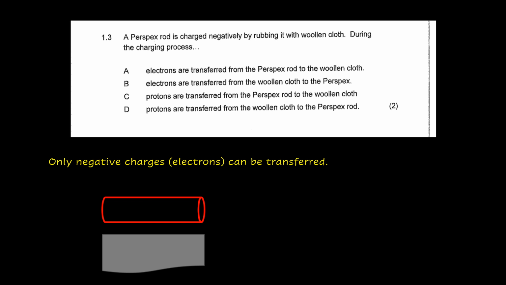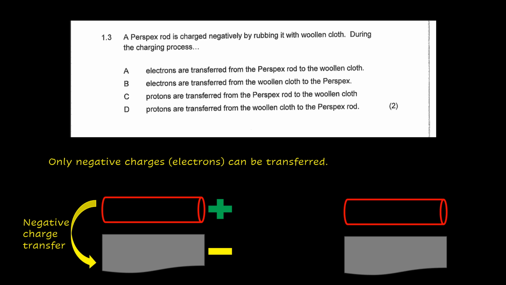If electrons are transferred from the perspex rod to the woolen cloth, the perspex rod will have a shortage of electrons, meaning it will become positively charged, and the woolen cloth will now have an excess of electrons. It will have extra electrons, meaning it will become negatively charged.